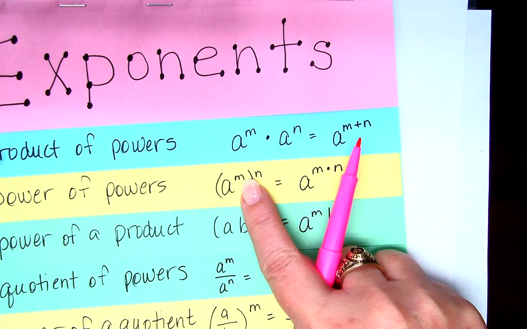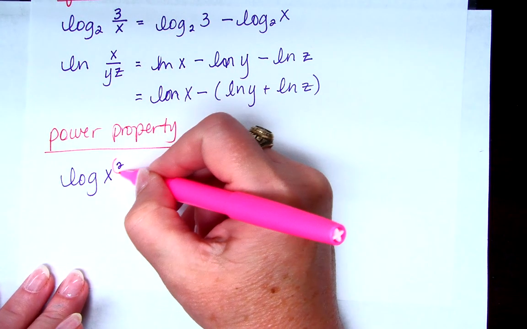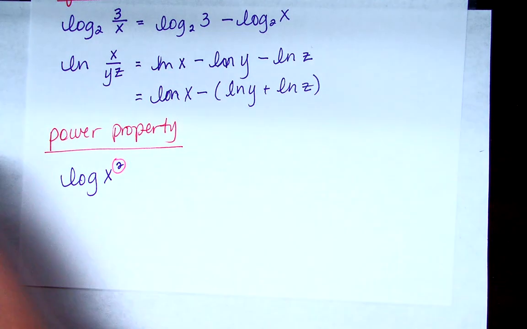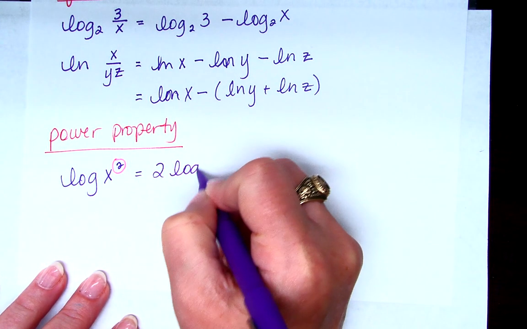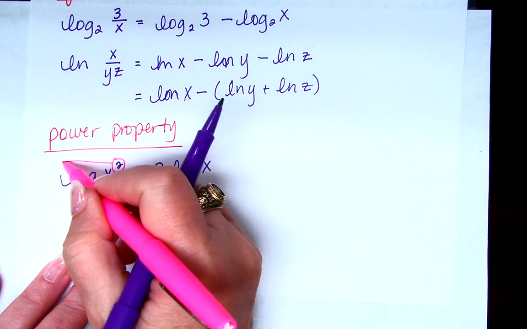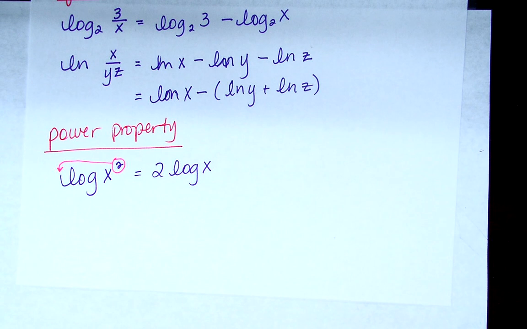What did we do here? We multiplied. This power becomes a multiplier. I basically bring it around to the front of the logarithm as a multiplier. Does that make sense?